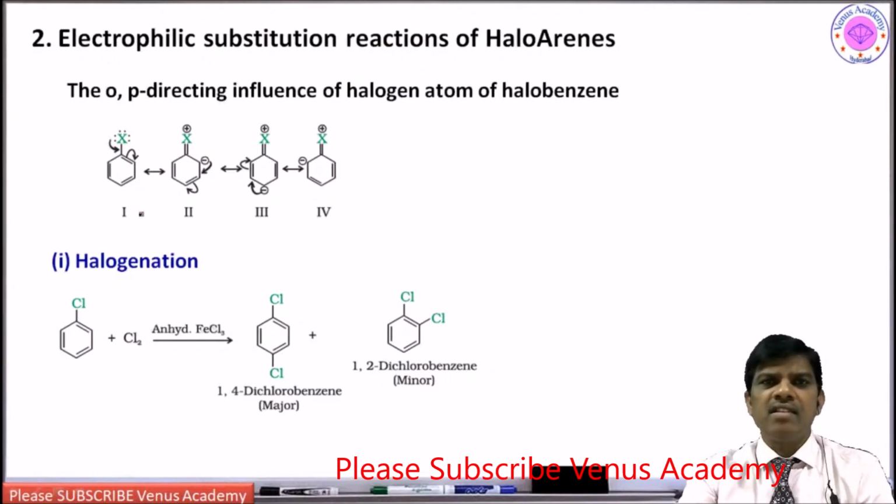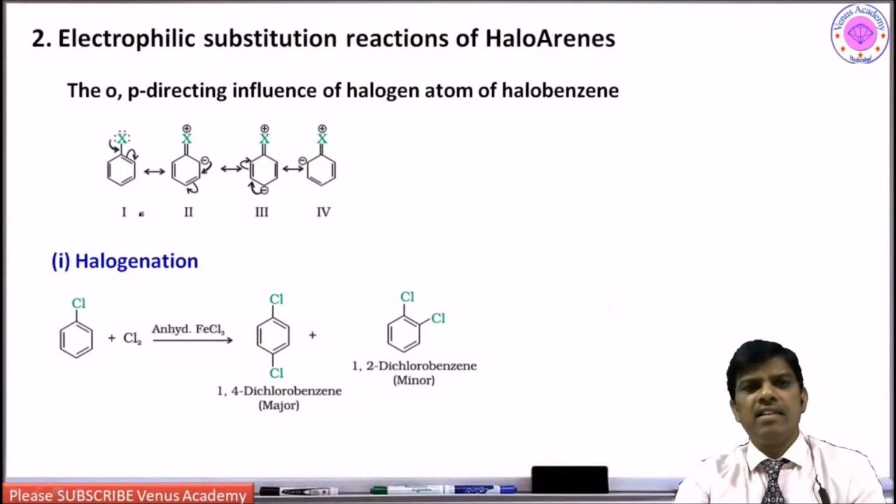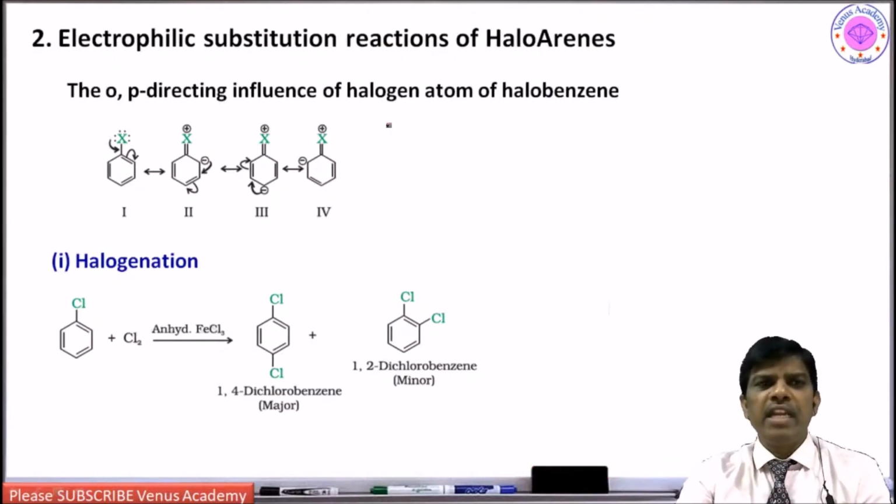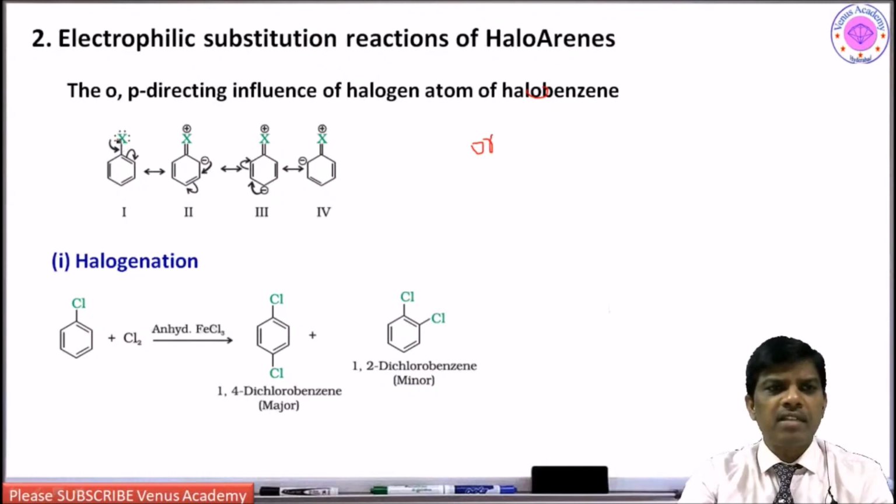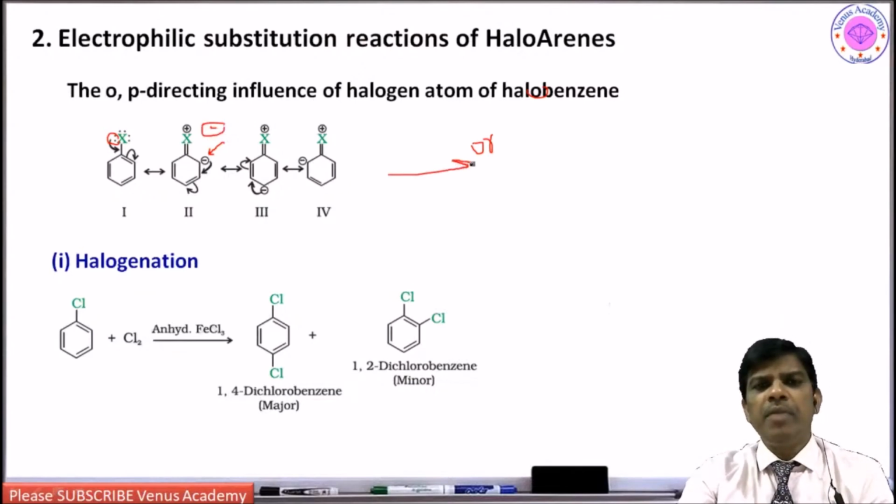Halogenation, nitration, sulfonation and Friedel-Crafts reactions. Yes, so the orientation of haloarenes is ortho and para. How? Let us see. Because of the lone pair of electrons, it is going to resonantly stabilize and form negative charge at the ortho position. So it is negative charge, and the incoming reagent should be an electrophile, right?